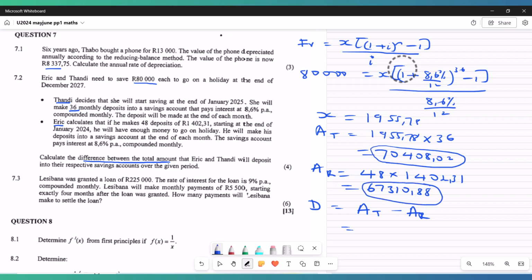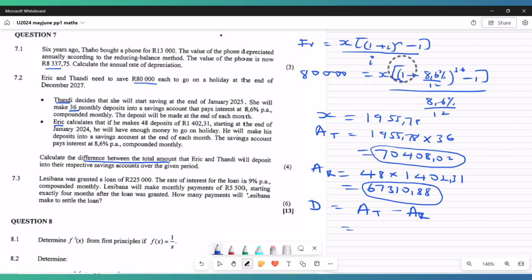What do we get here? Let's find out. It gives us 3097. So that's the difference in their amounts.